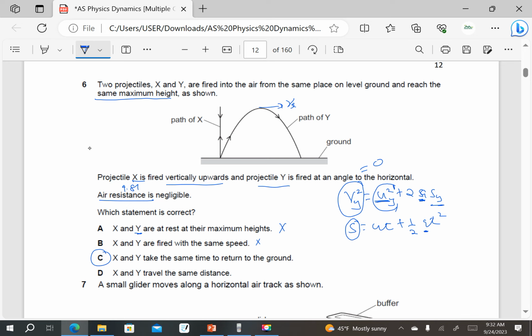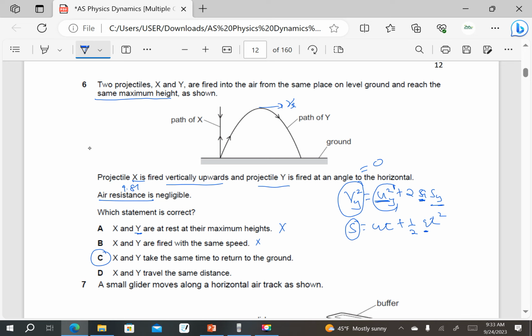Since there is no air resistance and the acceleration is the same, the answer is going to automatically be C, because both objects are accelerated at the same rate going up, and they return downwards at the same rate.